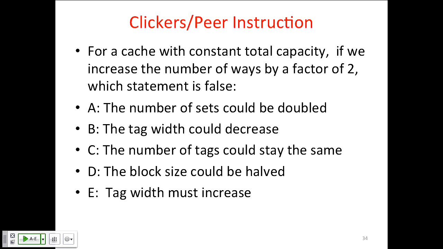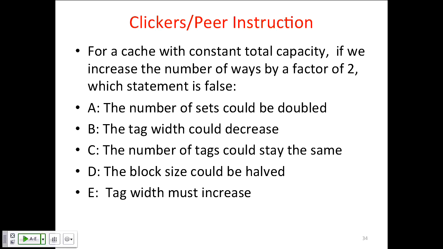I think this might be worth spending a bit of time on. So the cache has a constant total capacity. Now, from some of these options, you could see that when you change the number of ways, all the other variables are free. I can change the block size as well. If I look at the first answer, the number of sets could be doubled.